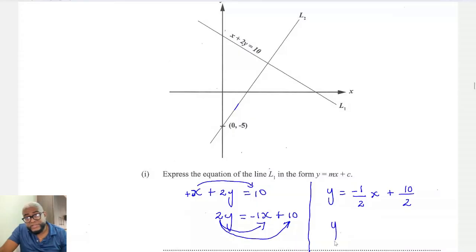What this will ultimately be: y is equal to negative a half x plus 5. Everybody good here? That is how I write my equation. If they give it to me like this, or any other way, make y the subject of the formula, and I can write it in the form y is equal to mx plus c.